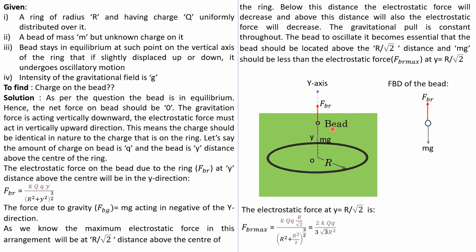It means the bead should have the same kind of charge which is there on the ring. If the capital Q on the ring is positive, then the small q on the bead should also be positive.